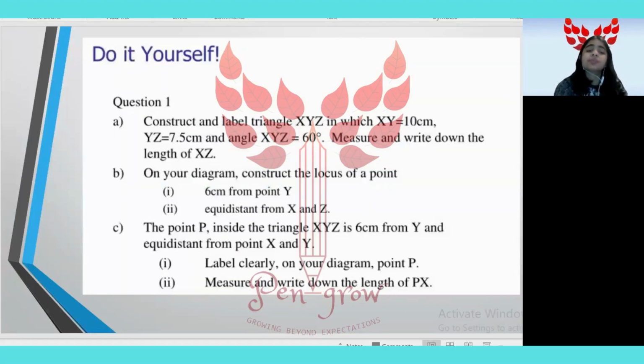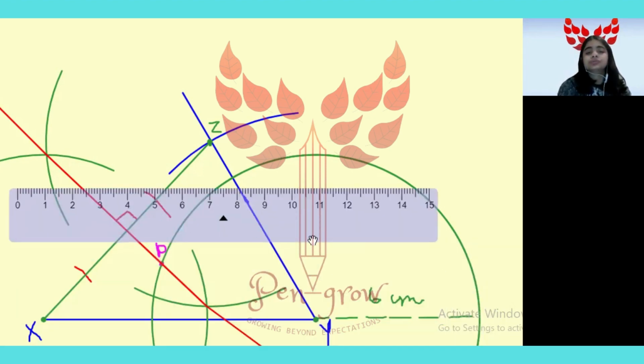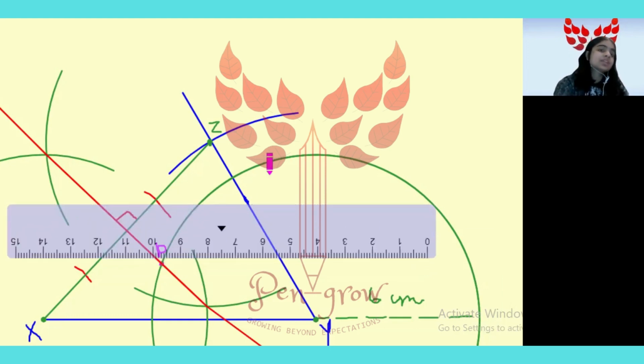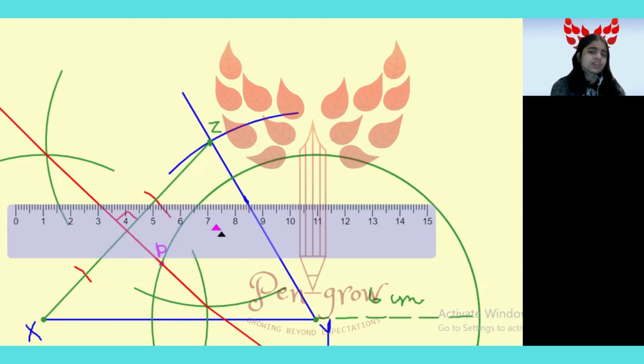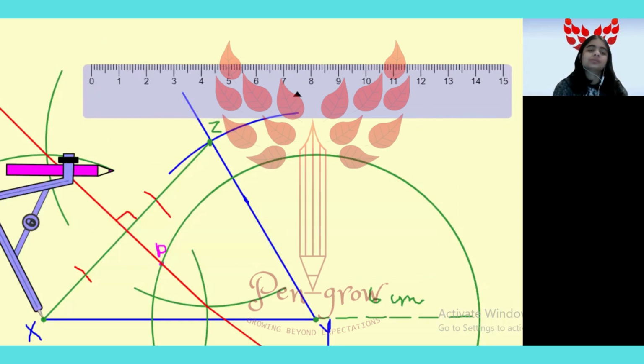And then the last part, I'm afraid I won't be able to do it: measure and write down the length of PX. For that, I need to tilt my scale, which is not possible. But still we can measure it. We've just learned locus, haven't we? And we've just learned using protractors.